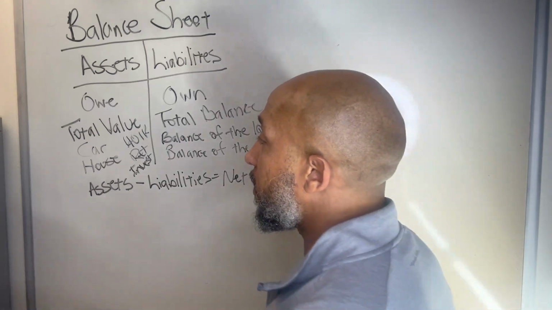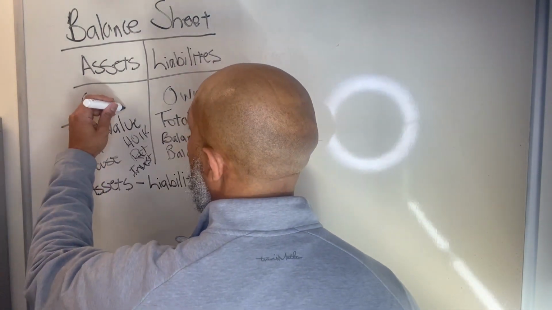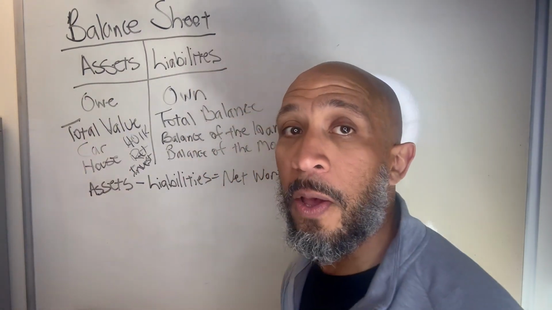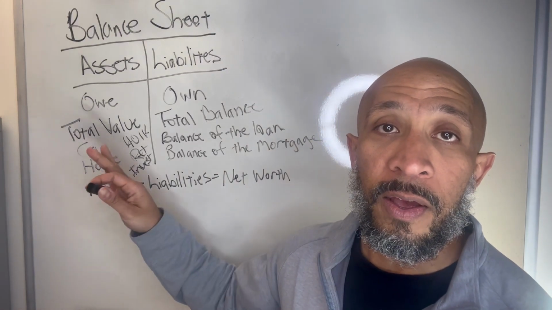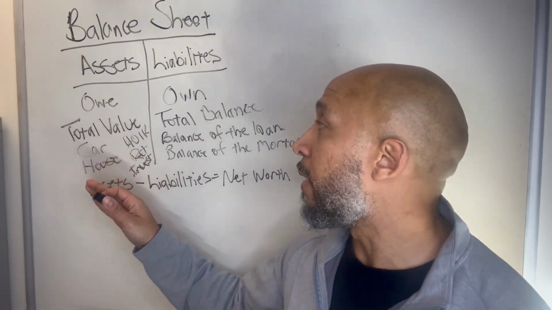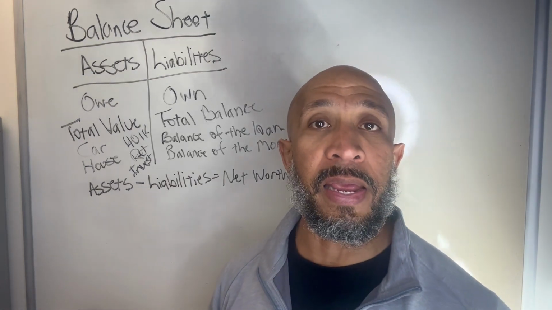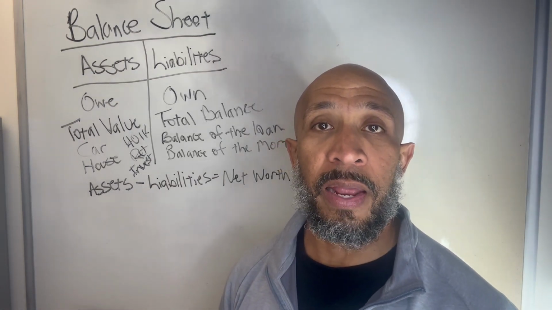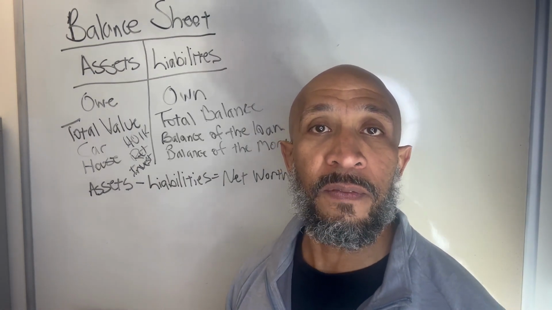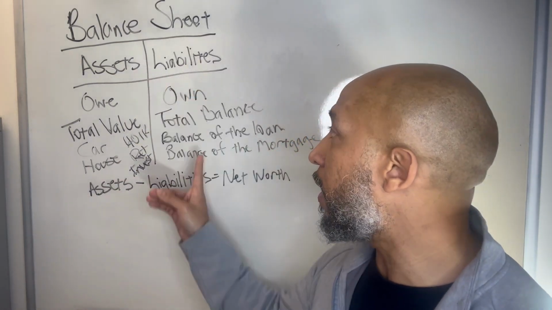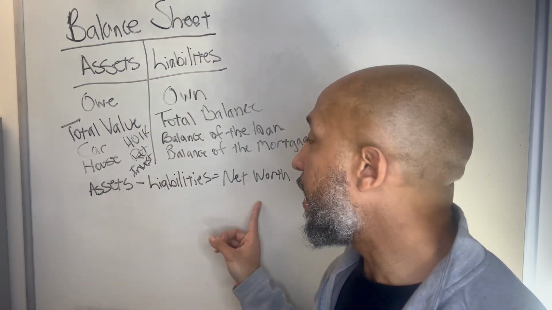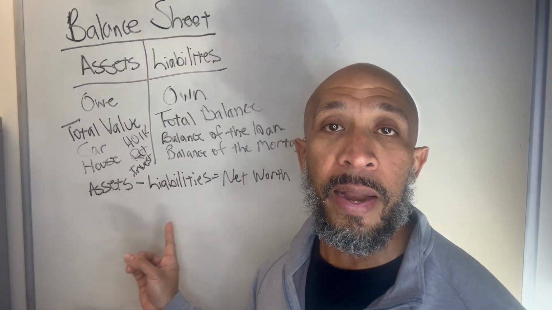What is the total value of their company that they own? The total value of their company will go on as far as their assets, right? And on the liability side, are there any loans they're paying out, any bonds they have to pay out to their investors, right? That will go on the liability side, and that's how you calculate your net worth.